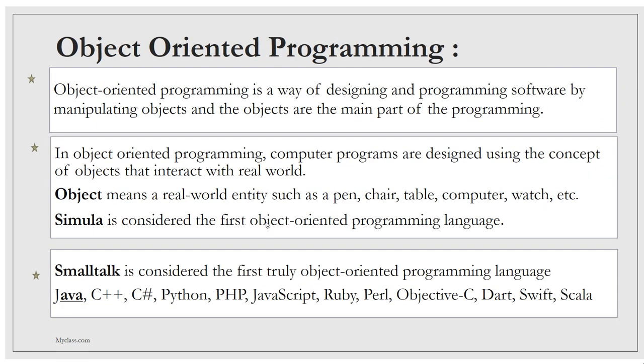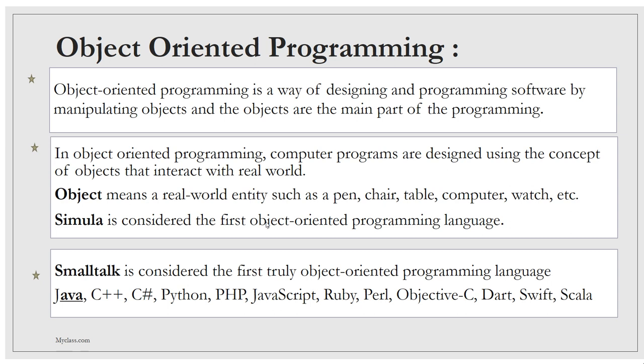Then next is object-oriented programming. Object-oriented programming is a way of designing and programming software by manipulating objects, and the objects are the main part of the programming. We are designing or starting the program by manipulating objects. We are concentrating more on objects.